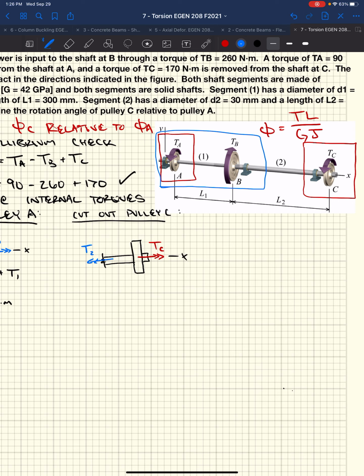I'm going to put T2 in the opposite direction. It's just a guess. We're going to confirm that with our equilibrium check.